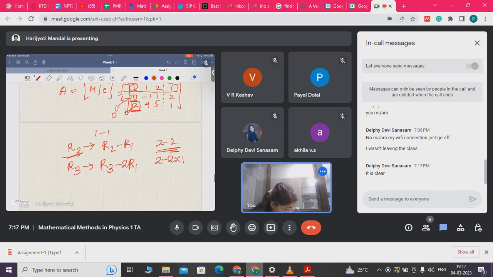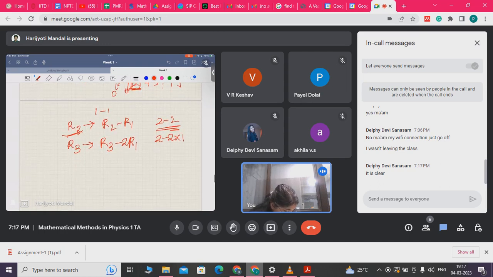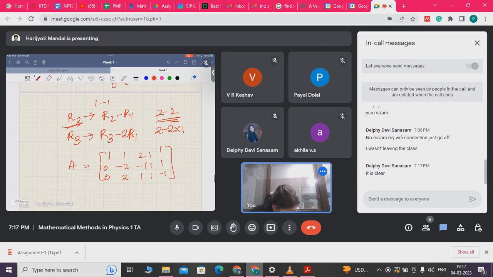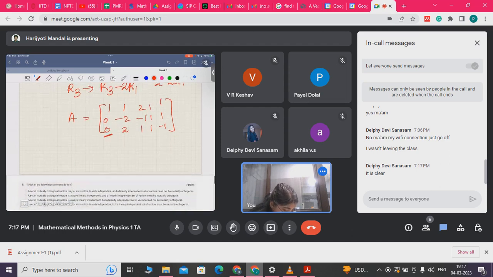If in some example you don't get 1, first divide and make it 1. Then plus or minus. So after this process, A will be 1, 1, 2, 0, minus 2, minus 1, 0, 2, 1, 1, 1, minus 1.